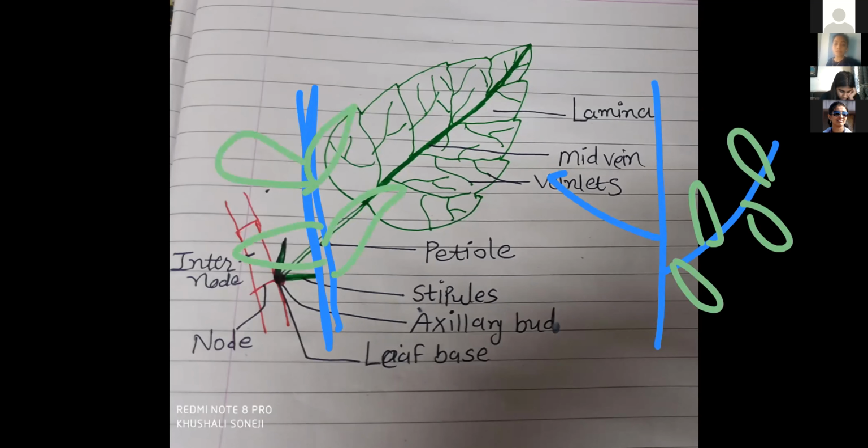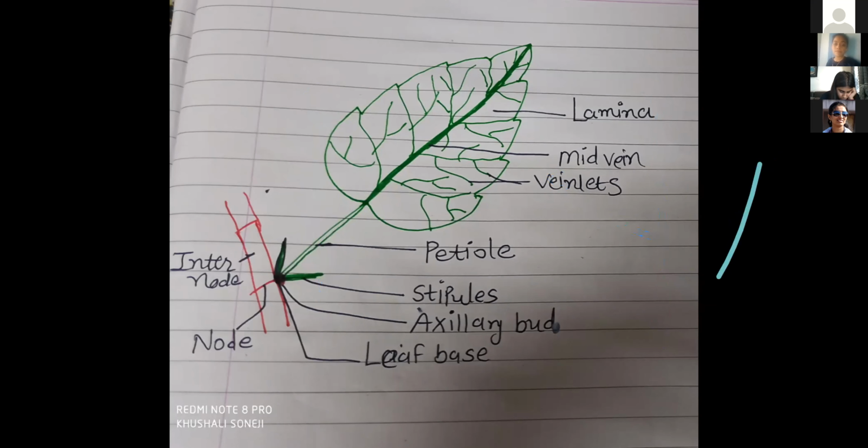That's why we call it lateral arrangement of the leaf. And it's a flattened structure, develops at the node. It bears a bud in its axil that we call axillary bud. Next, the axillary bud develops into a branch. Leaves originate from shoot apical meristem and are arranged in an acropetal order.